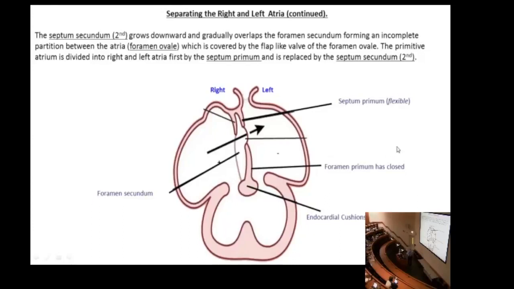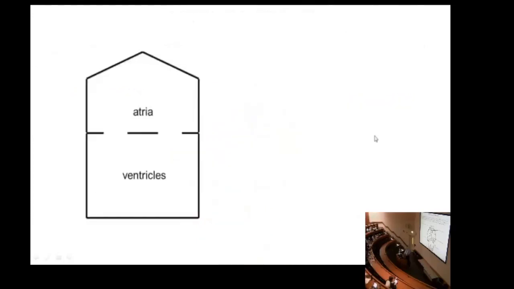But at the same time, another window shade is being pulled down. And that's the second septum. And it's going to actually develop into the definitive wall as it fuses with what was left of the septum primum. But it grows down so far, and you get that doggy door so that blood can flow in the direction of this arrow.